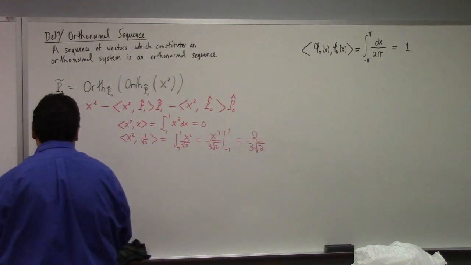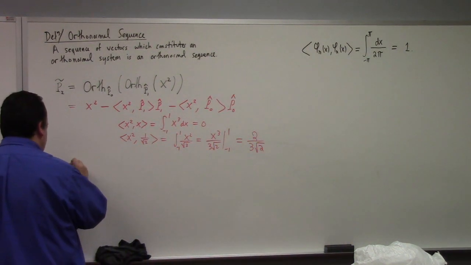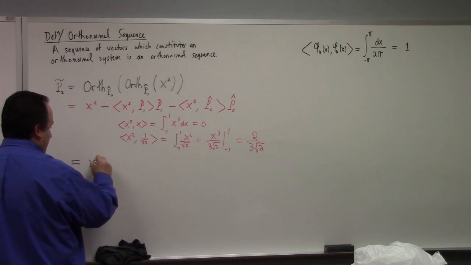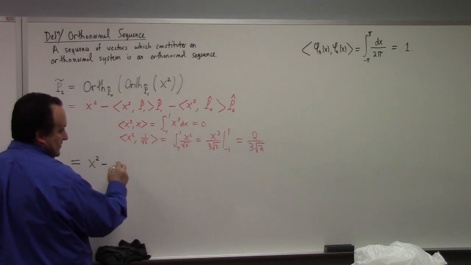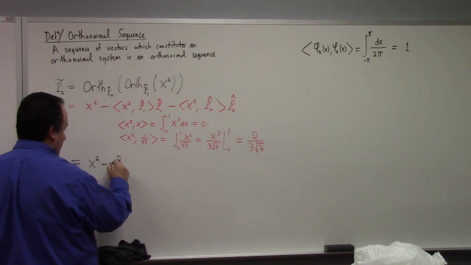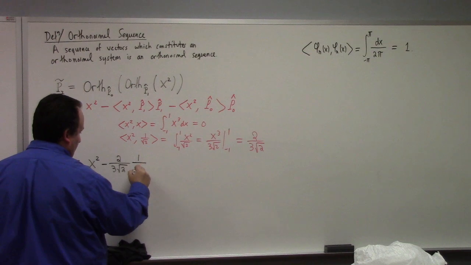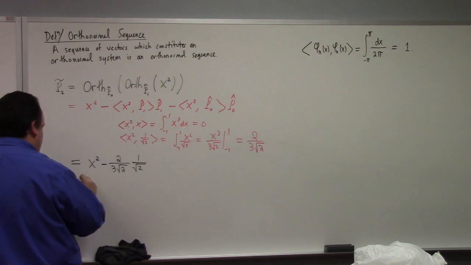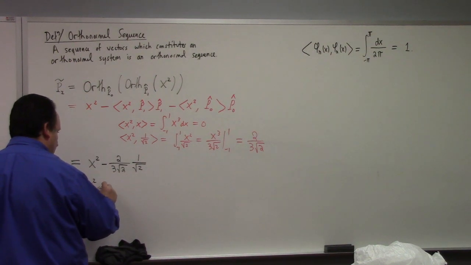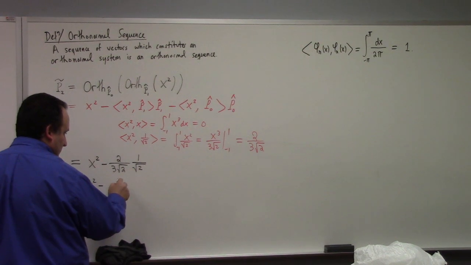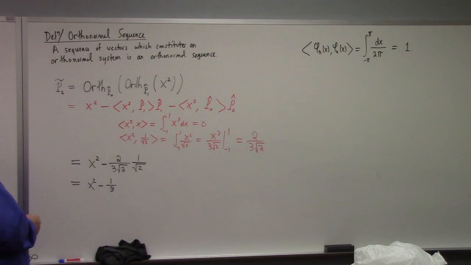So if we go through all this rigmarole, we've got x squared minus, as it turns out, 2 over 3 root 2 P0, but P0 was just 1 over the square root of 2. So my P2 tilde would be x squared minus 1/3, I think.